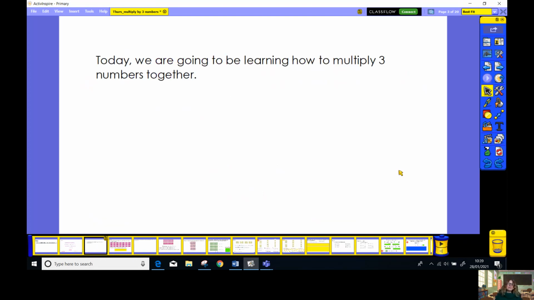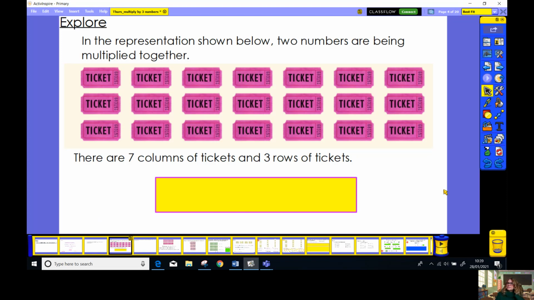Okay, now today we're going to be learning how to multiply 3 numbers together. Let's start off with looking at a representation of a calculation. Here I'm using tickets, maybe cinema tickets. In this representation shown below, two numbers are being multiplied together.